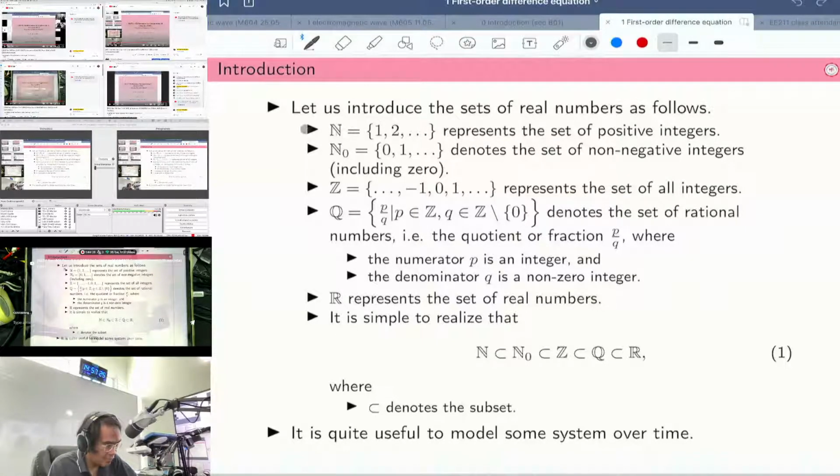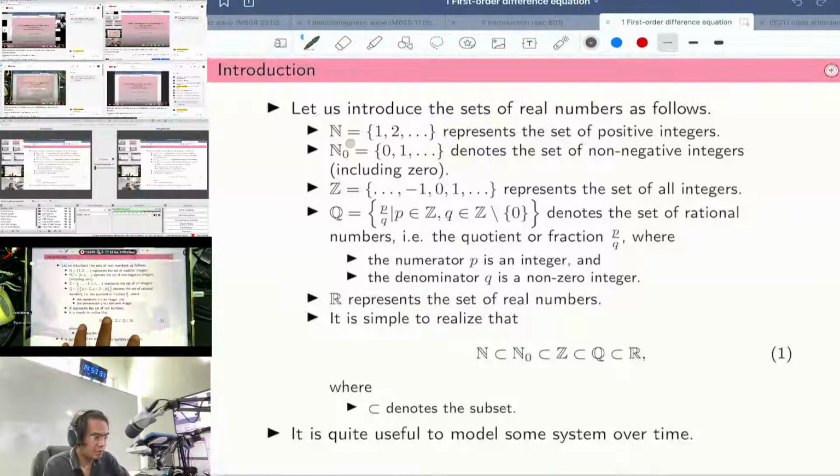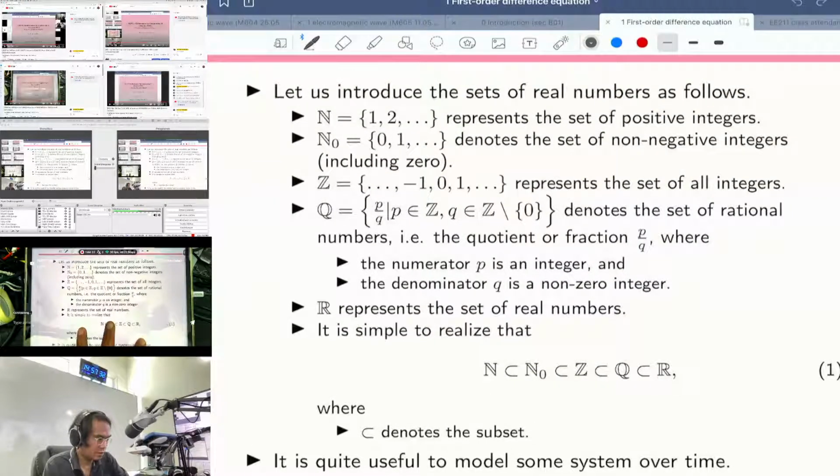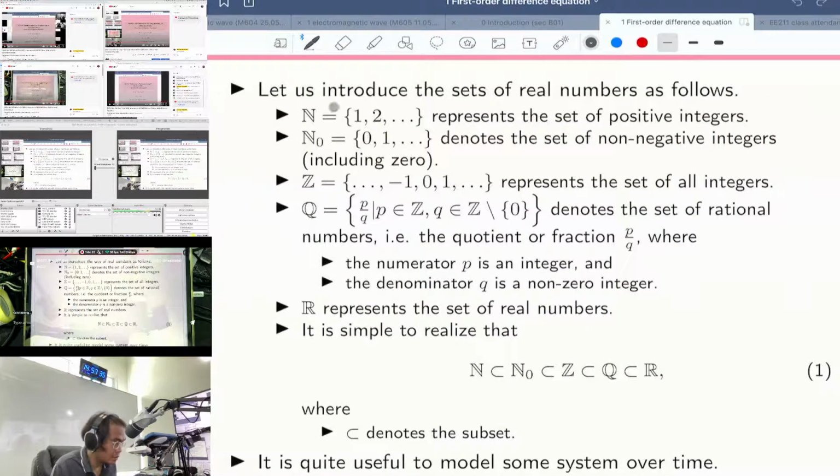We will say N is the positive integers. N with this font is the positive integers, and the detail of the N set, or the number set, is 1, 2, 3, 4, 5, 6, 7 until infinity.